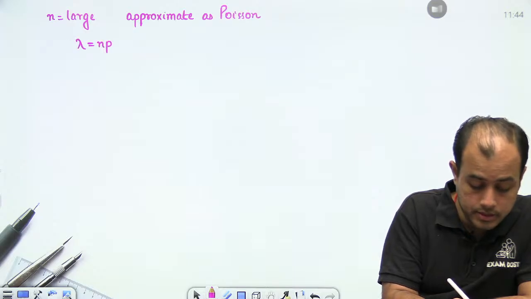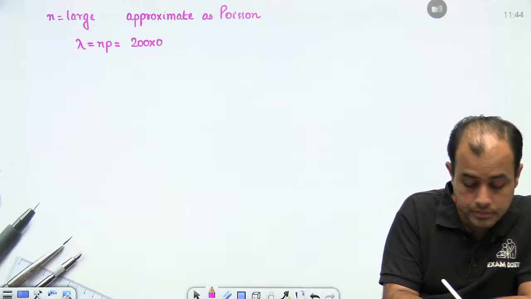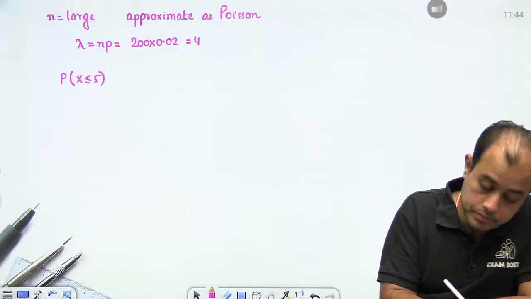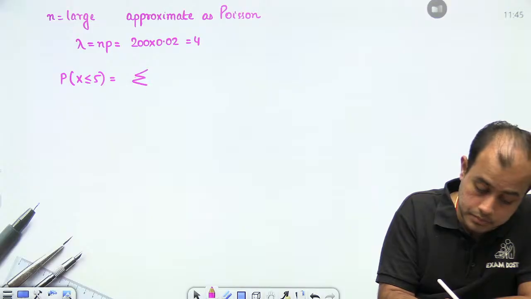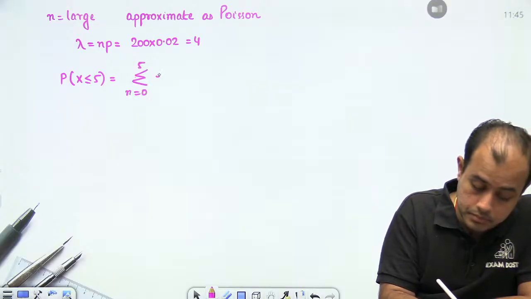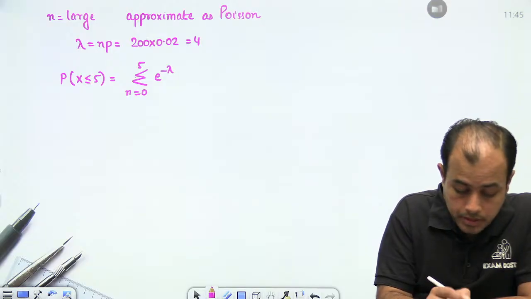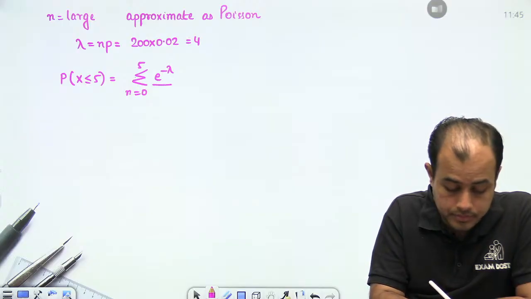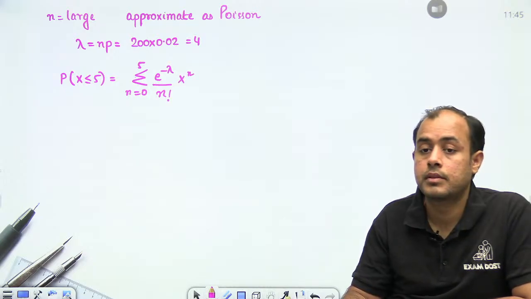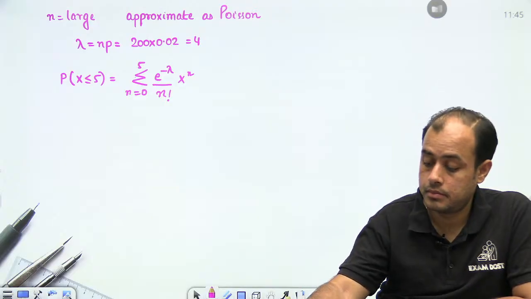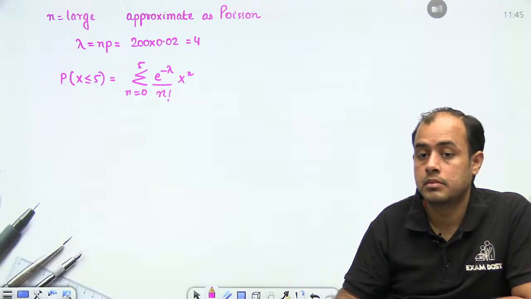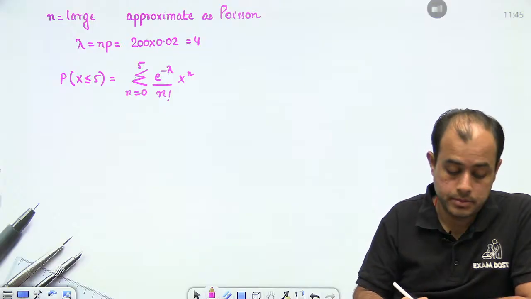Lambda equal to np, which is 4. e to the power minus lambda, lambda to the power k by k factorial.